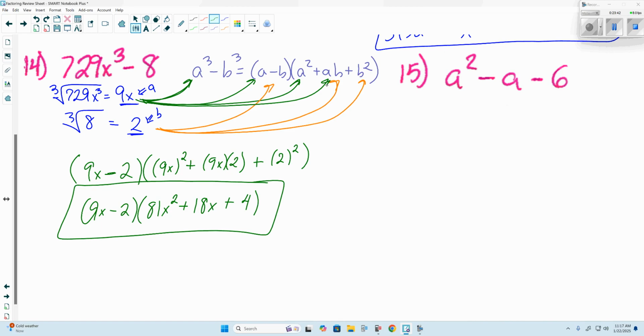And that works for the sum of two cubes too. Sum and difference. We find A and B and plug them into their corresponding spots.